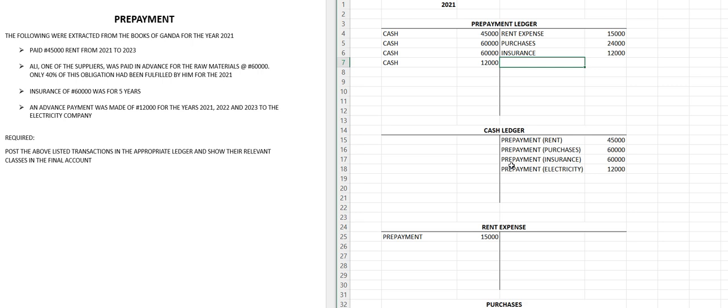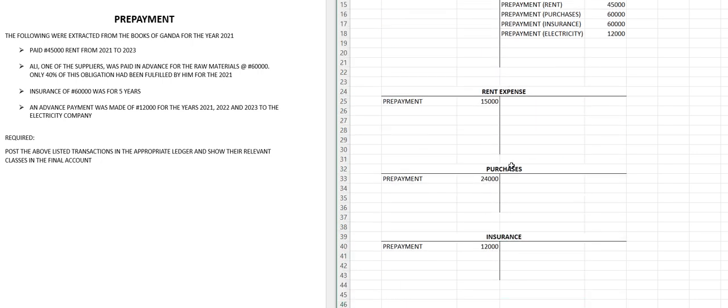That's 12 divided by 3, which should be 4,000 naira for electricity. Electricity, 4,000 naira. Then come down and create the electricity ledger.